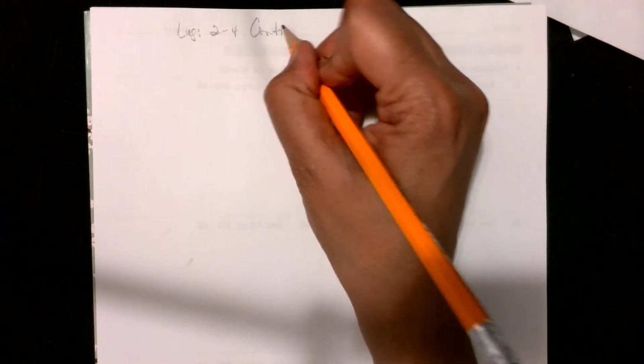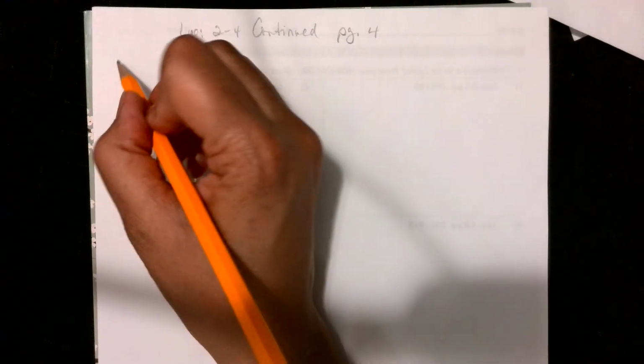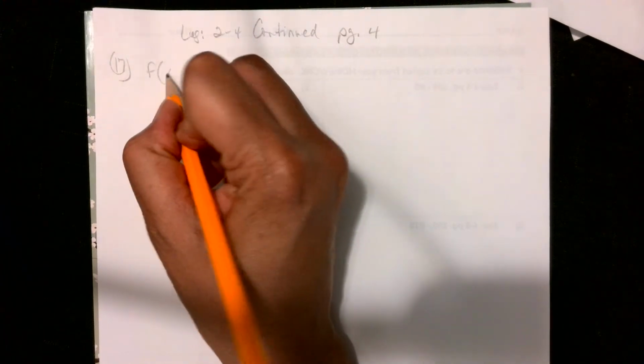So number 17, it says, determine whether the curve has a tangent at the indicated point. If it does, give its slope. If not, explain why not. So here's the function.